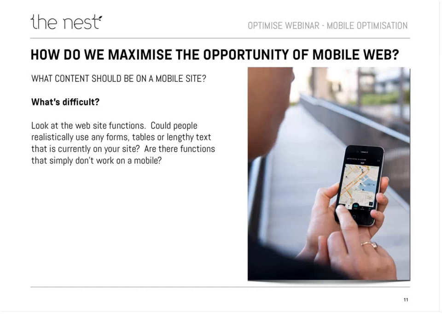And there are other functions that simply don't work on a mobile. Now, a lot of older technology, I mean, people commonly note that Flash, for example, can't be used on Apple devices. Not many websites use Flash these days, so that's passing out of significance. But certainly a lot of sites use what's known as JavaScript, which is a particular type of programming.